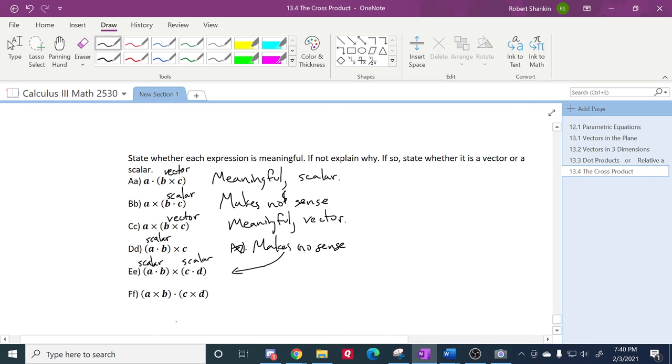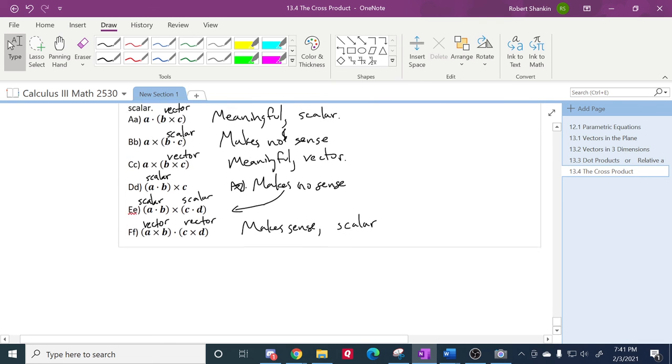And what about this last one? Group 2 again. That would work since both of those individual parts will become vectors and you take the dot product of the two vectors. Makes sense. And the result is what? Scalar or vector? A scalar. Okay.